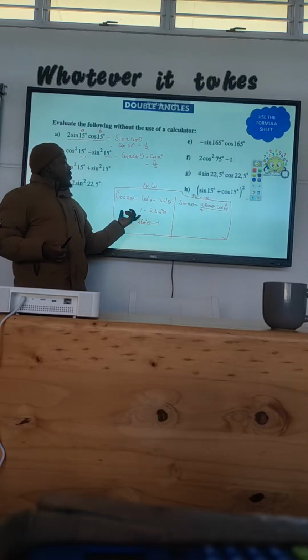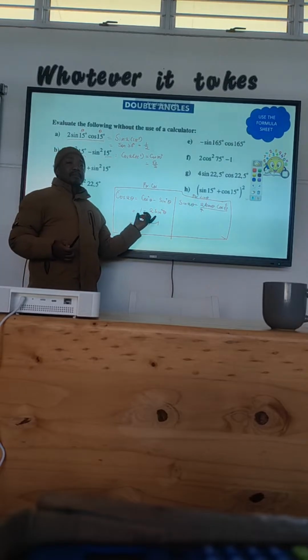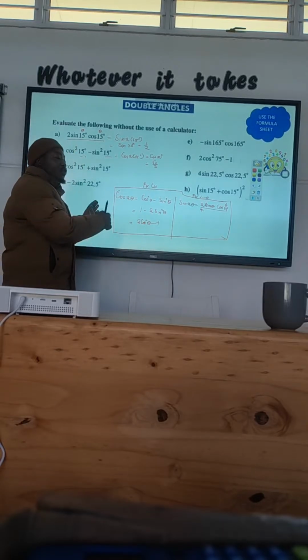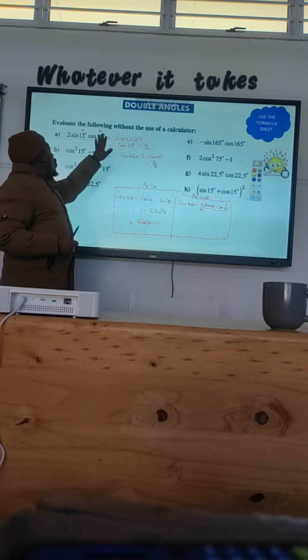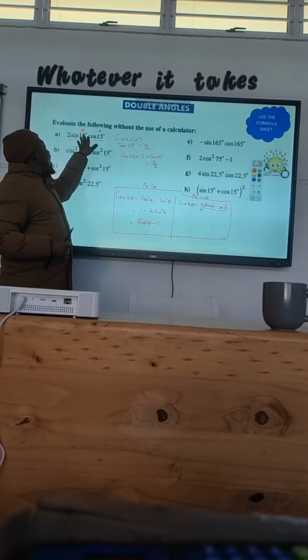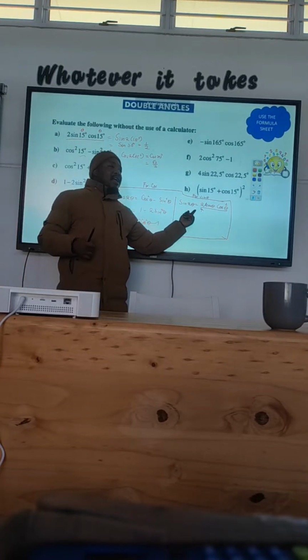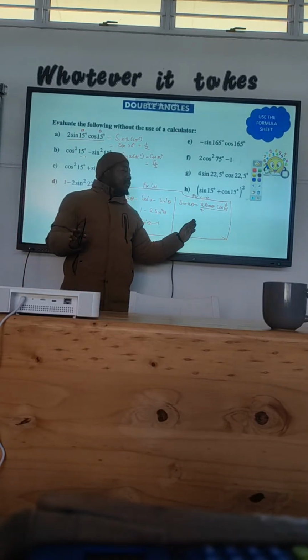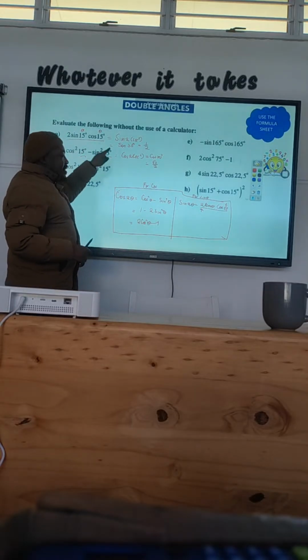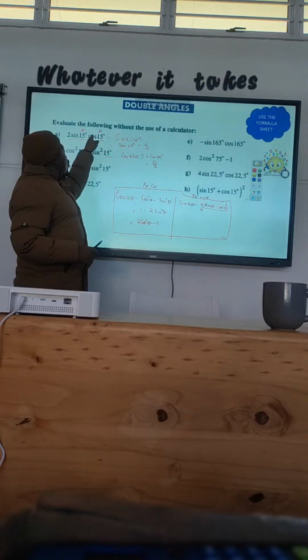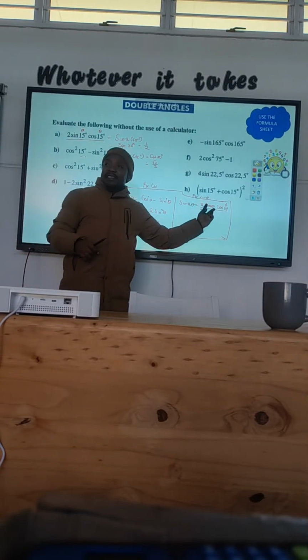Now, when you are given a problem, you look at which one relates to what you have in the formula sheet. When you look at the first one, it's a sine and a cos. And a sine and a cos is only produced by the double angle of sine. So you see that you have a 2, you have a sine, you have a cos, and the angles are the same.